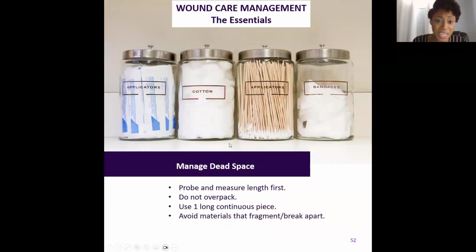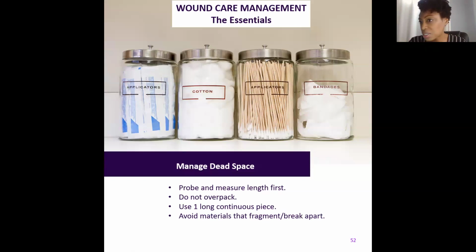Some tips for managing dead space include: know the depth of what you're packing, okay? You don't want to pack blind pockets. You need to have depth, and you need to know what it is and where you're going to. Do not overpack. If you overpack a wound, you cause vasoconstriction. So it should be loosely packed. Also, I can't stress this enough, use one long continuous piece.